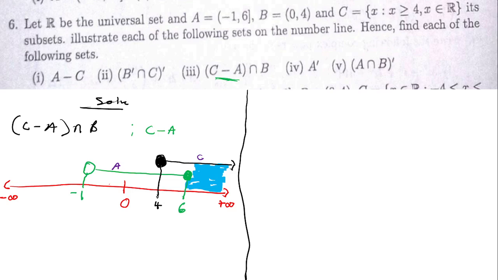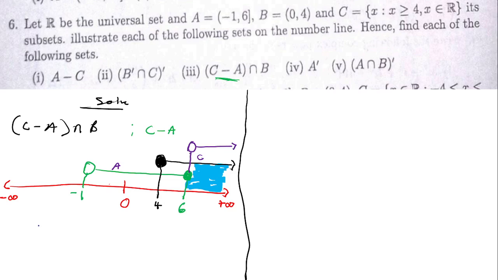So if you look at A, A is ending on 6. So as you remove A, you are going with 6 because this 6 is part of A. So in short, for your answer, it will go up, and 6 is not part of the answer, open, and then you are going this side.